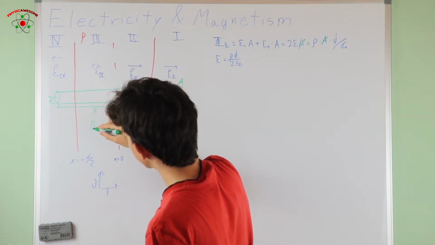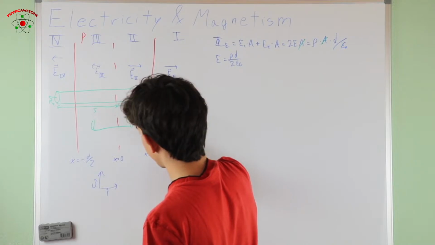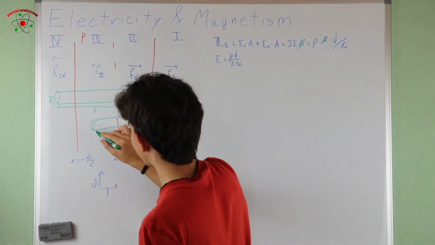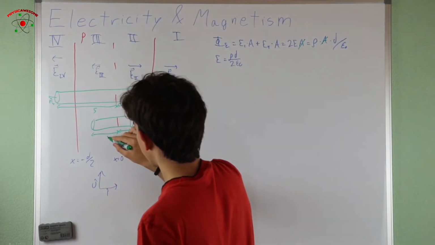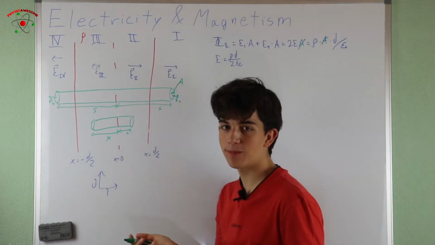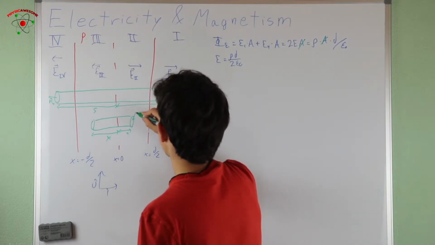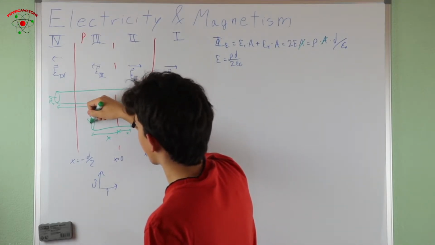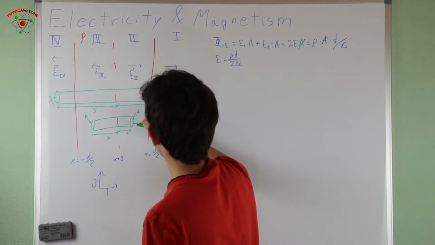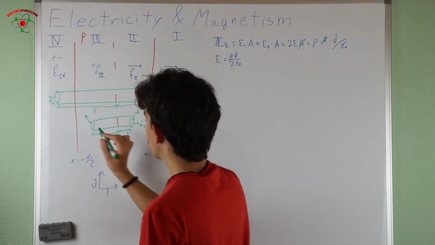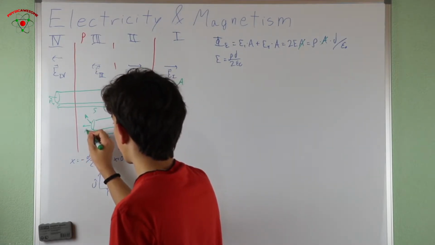Our Gaussian surface now is going to be defined over here, and this distance is going to be x now. It doesn't seem like it's equal, but let's say it's symmetric. This is going to be A, and the same A over here, and once again our unit vectors n hat 2 and n hat 3.